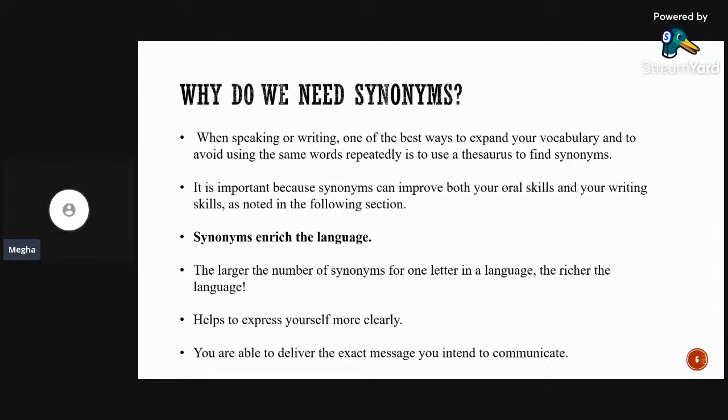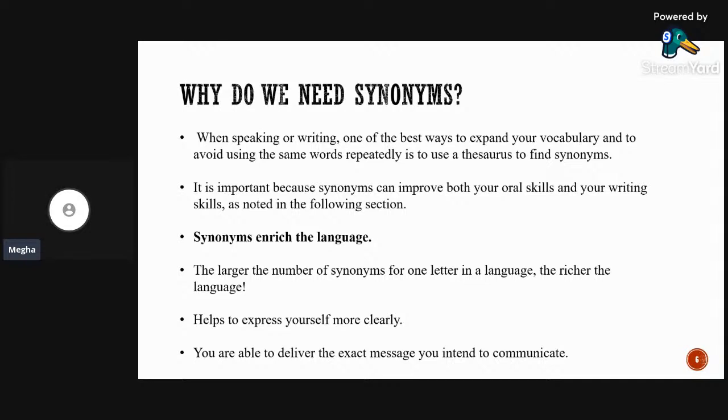It helps to express yourself more clearly. See, if you're speaking to someone who has a better vocabulary, then using these words will help you express yourself more clearly.